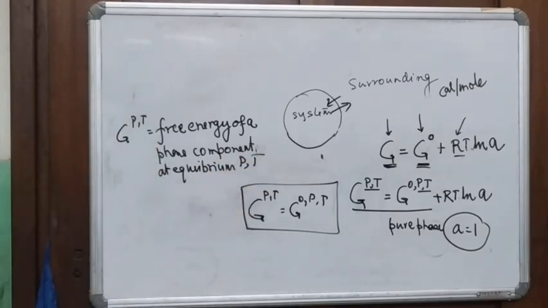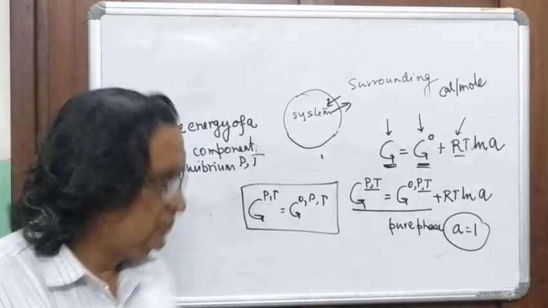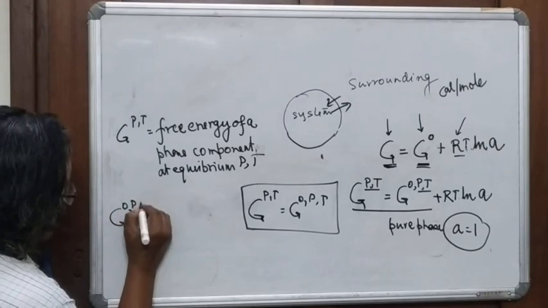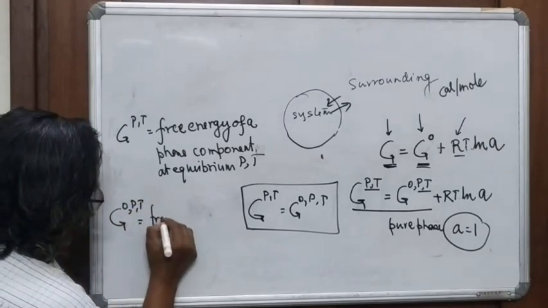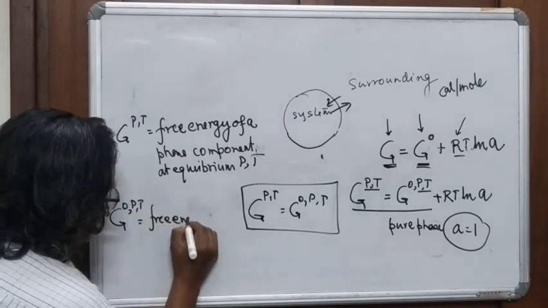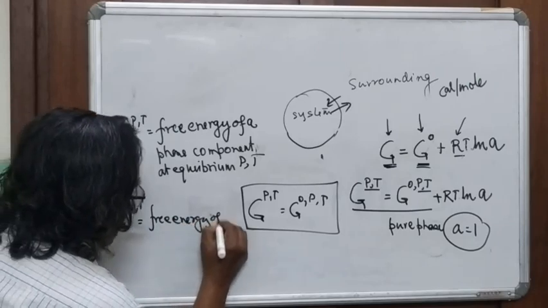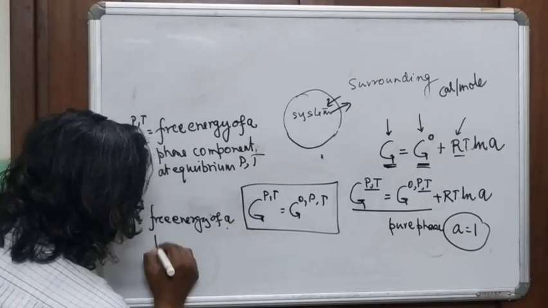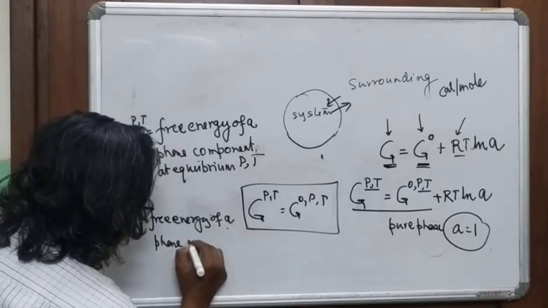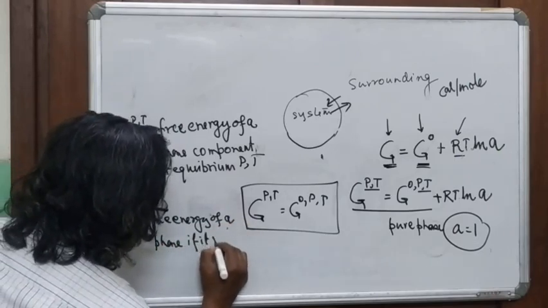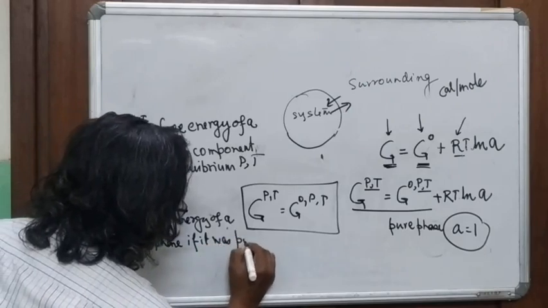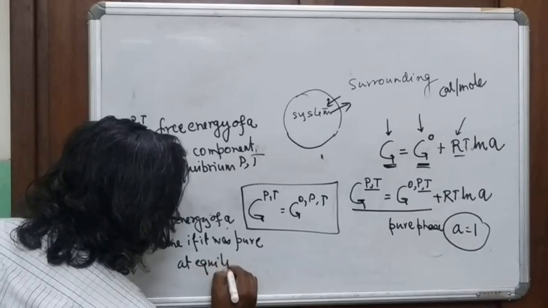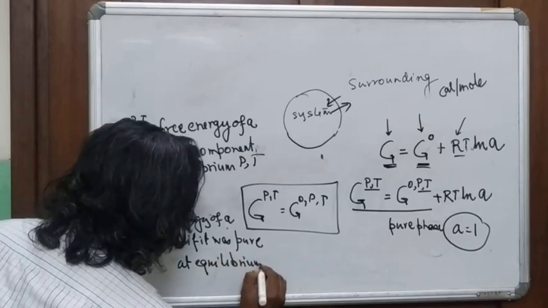And you can ask me, what the hell is G0? Wait a minute. G0 at pressure temperature is the free energy of a phase component, of a phase, if it was pure, at equilibrium PT.